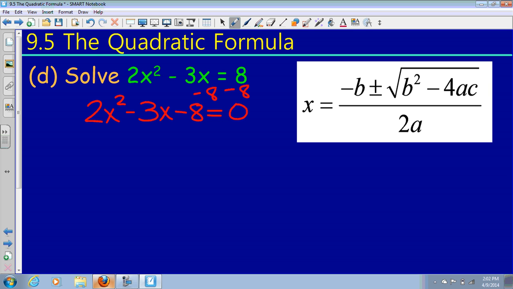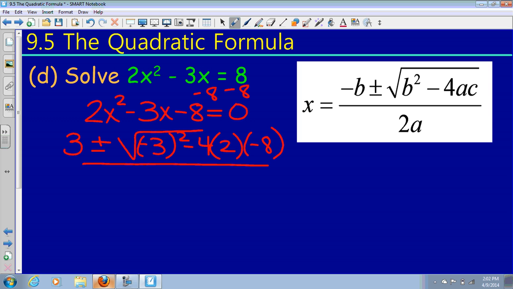The opposite of b. B is negative 3, so it becomes 3 plus or minus the square root of b squared, negative 3 squared, minus 4 times 2 times negative 8, all over 2 times 2. 3 plus or minus the square root of 9. 4 times 2 is 8. 8 times 8 is 64.